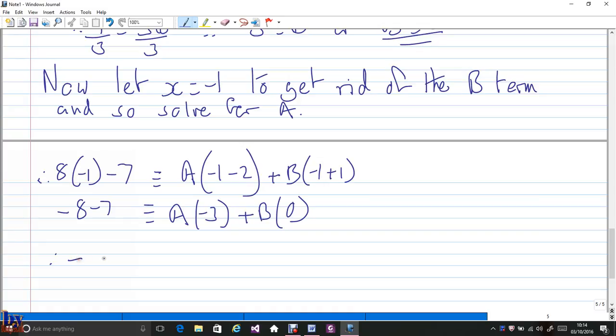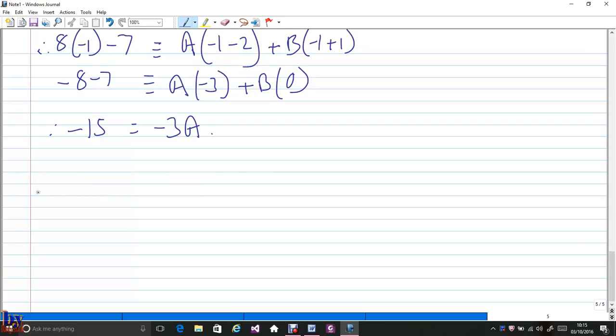Therefore minus 15 equals minus 3a, and I'm sure as you can follow, therefore minus 15 divided by minus 3 equals minus 3a divided by minus 3, and therefore a equals 5.